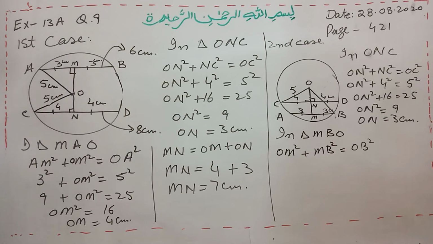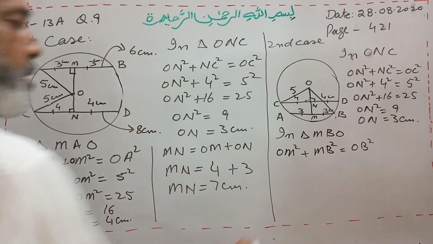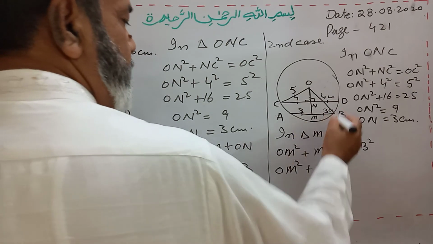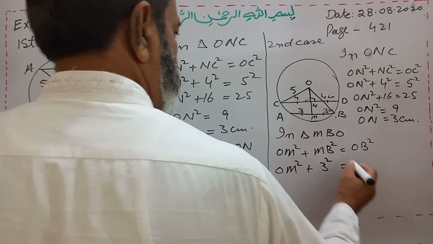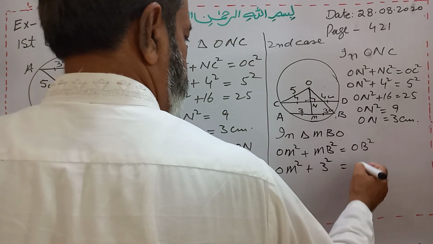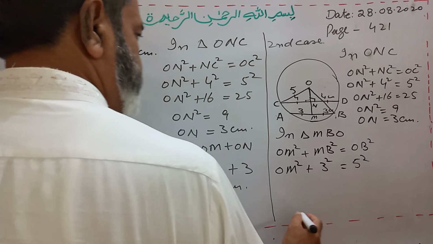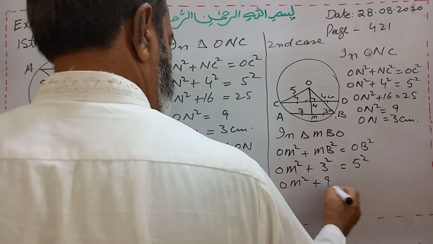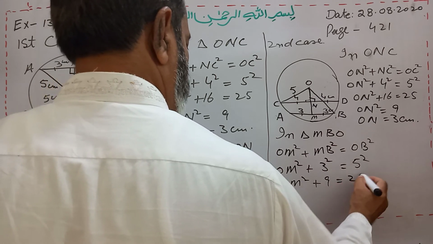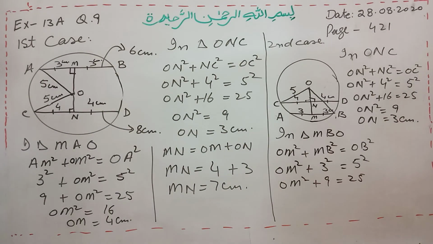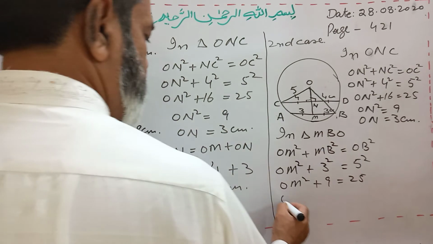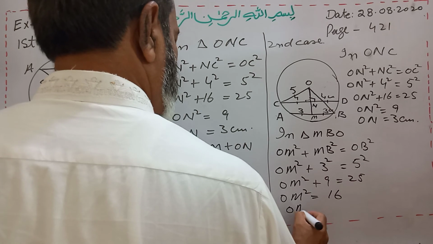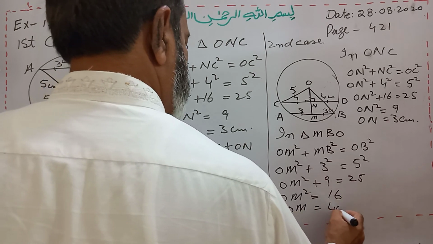Now OM square is unknown. OM square plus MB, which is 3 square, is equal to OB, which is 5 square. So OM square plus 9 is equal to 25. OM square is equal to 16. OM is equal to 4 centimeters.